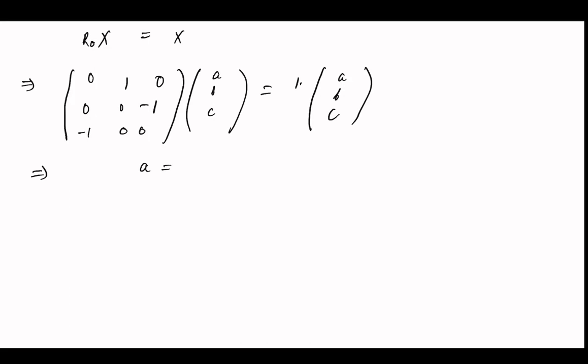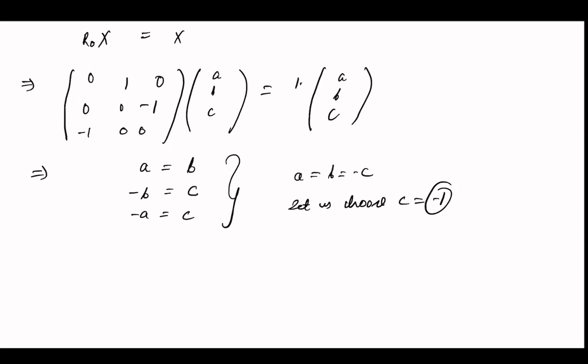A is equal to B, then minus B is equal to C, and third, minus A is equal to C. So combining these, what we get is A is equal to B is equal to minus C. So let us choose C.